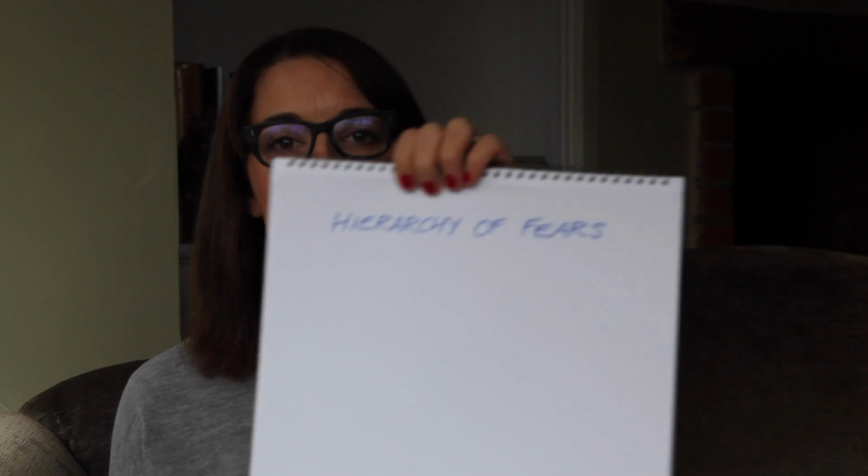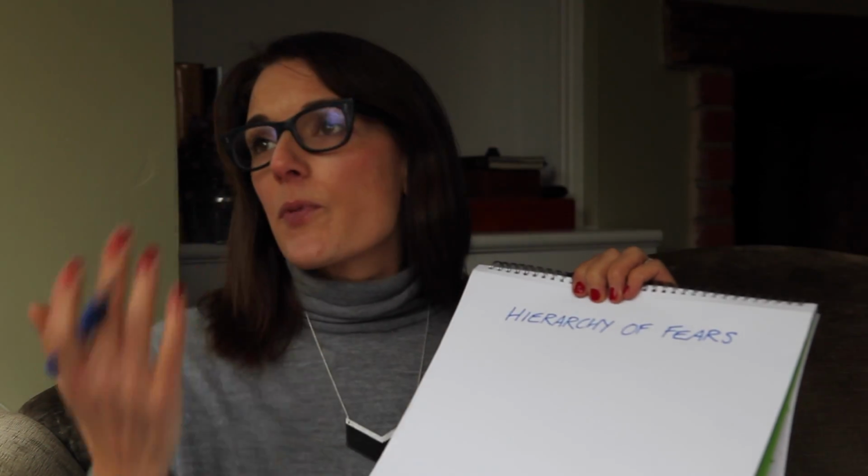Just grab a piece of paper, I hope you can see this, and just have a quick brainstorm. Think about all the things that you fear or avoid and chuck them all down on a piece of paper.